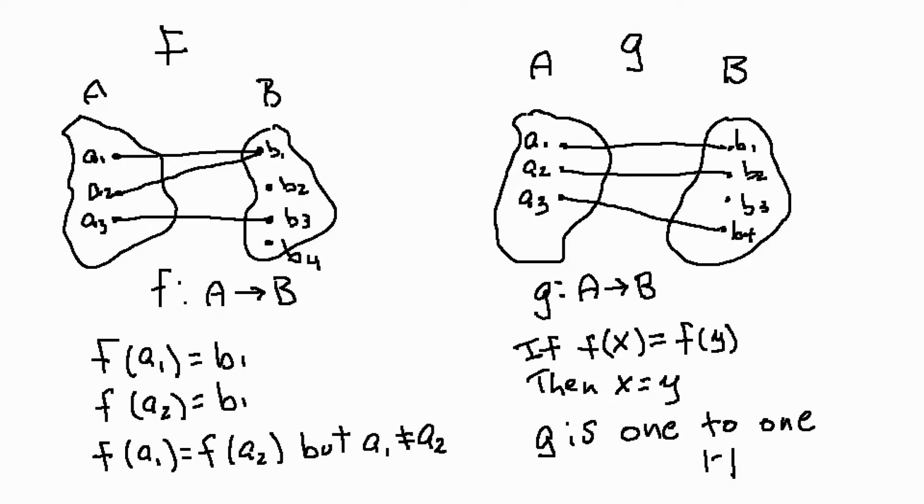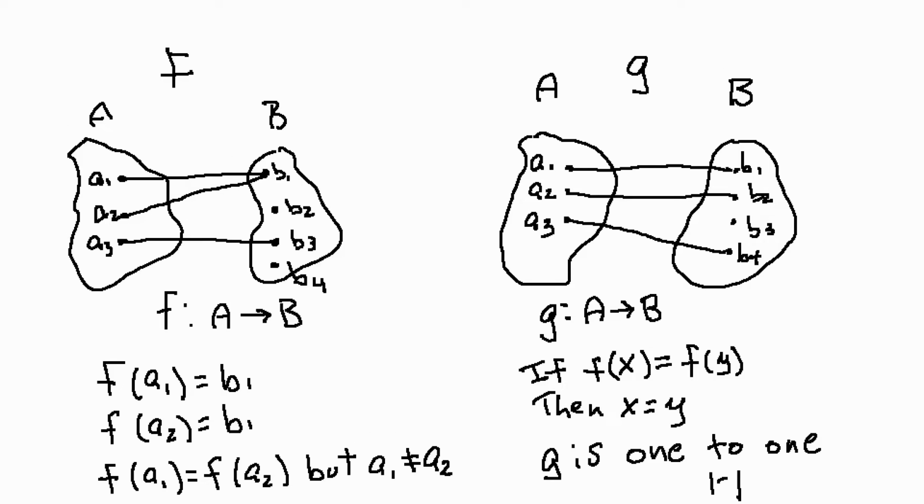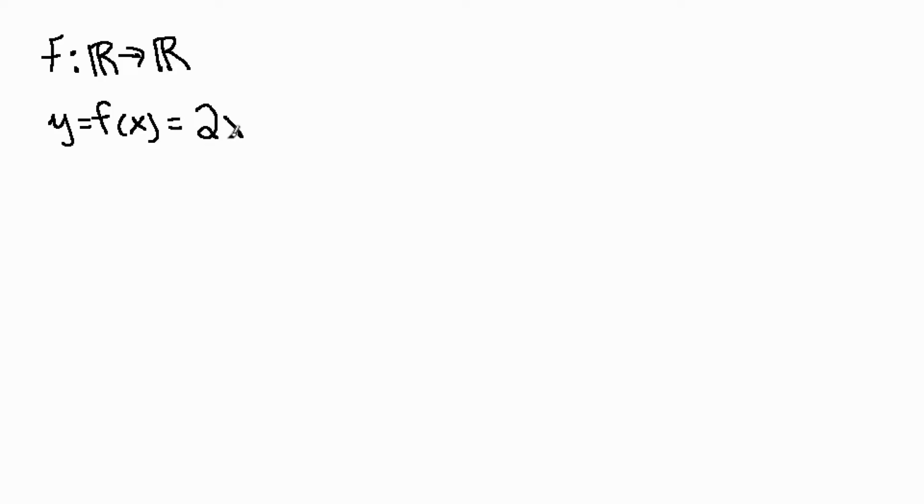Okay, let's consider some examples here. You may recall before we had a function f that mapped the real numbers to the real numbers. And we said something like the following. We said y was equal to f of x. And I don't remember exactly what we used last time, but let's make up a new example here. We'll say it's 2x plus 1.